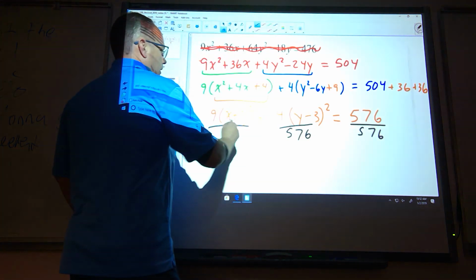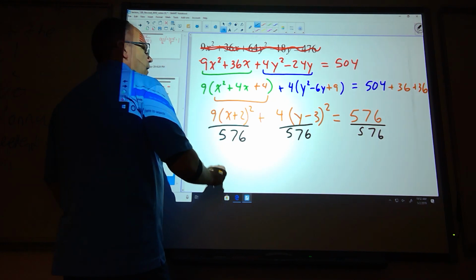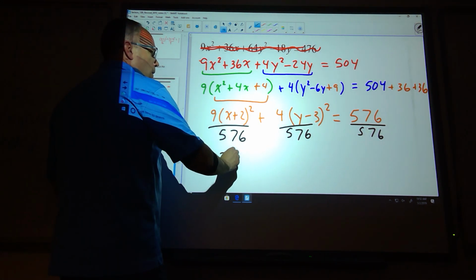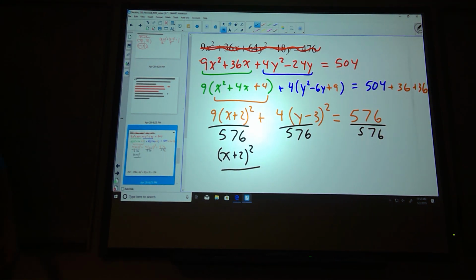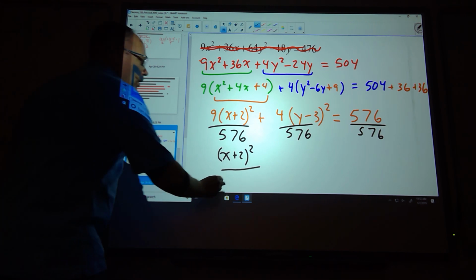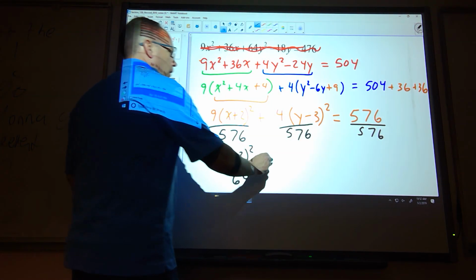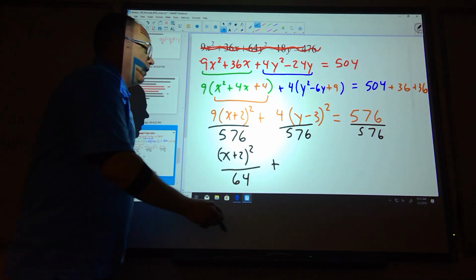Then you get a funky oval shape again. All right. So then I'm going to reduce. How many times does 9 go into 576? You got a calculator in hand. 576 divided by 9. 64. Oh, that's beautiful, because we like perfect squares. How many times does 4 go into 576?